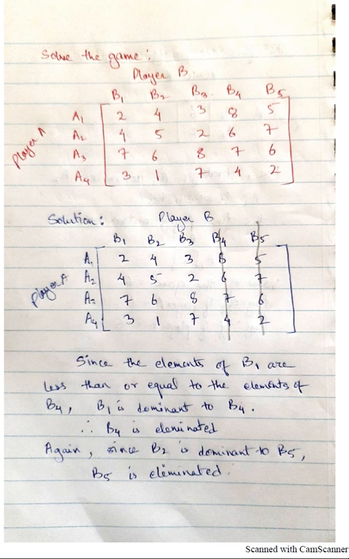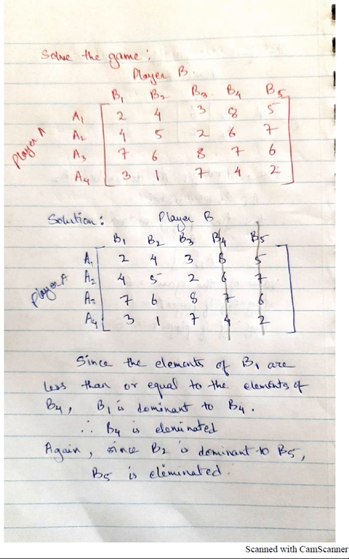Now if you first compare between the different strategies of player A, that is A1, A2, A3, A4, for all the pairs of strategies, if you compare between A1, A2, some elements are higher for one strategy and some elements are higher for the other strategy.